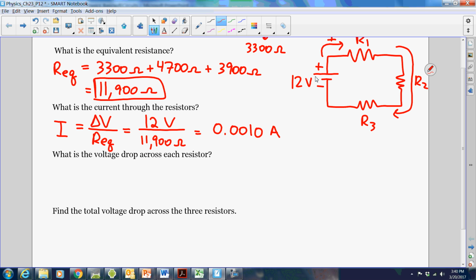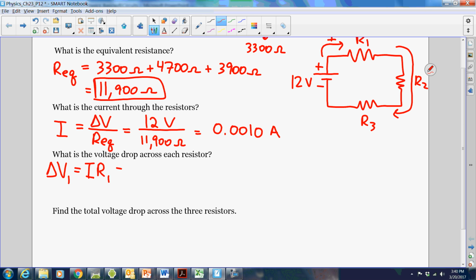And in this case, since there's 3 resistors, it's going to go down in like 3 steps, basically. So the way you solve for voltage drop in a series circuit is you do them each individually. You take the current, which is the same through everything, times the individual resistance value.